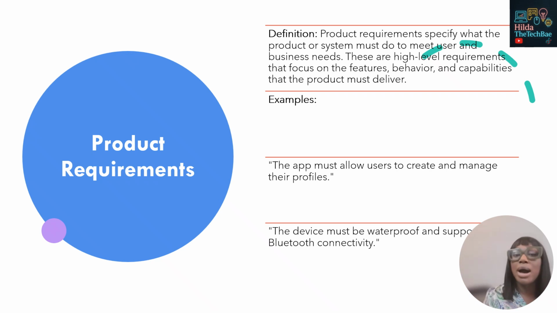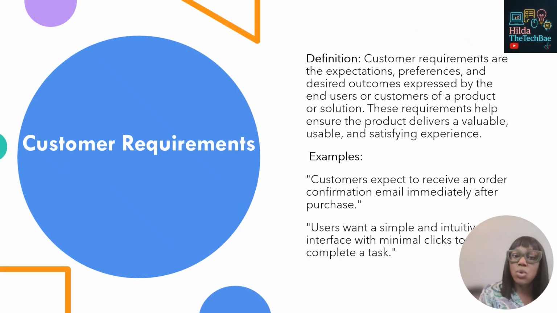With product requirements understood, let's now shift gears to the people who matter, which are the customers that are going to be using the product. Customer requirements focus on what your customers actually want from the solution. While product requirements are about what the product must do, customer requirements are centered around the experience of using the product.